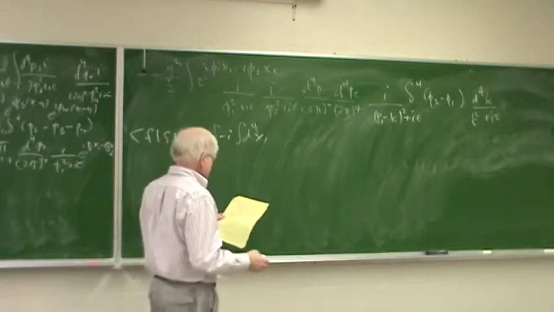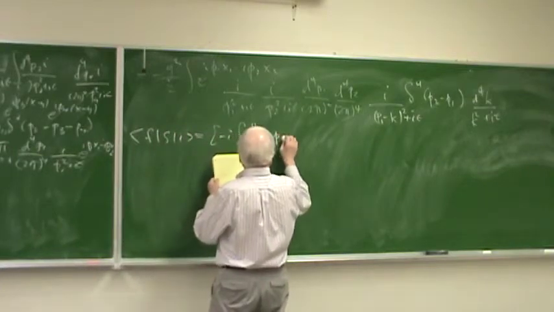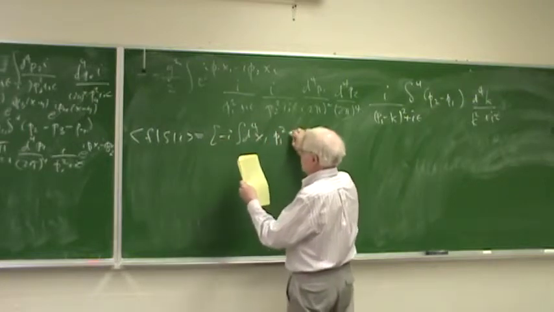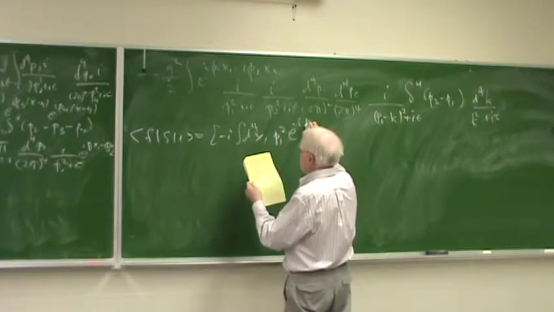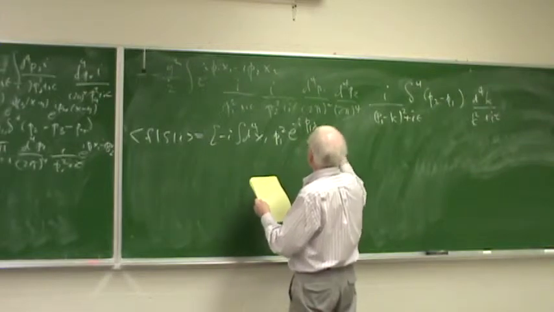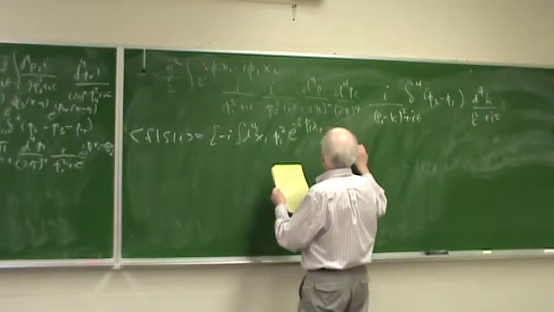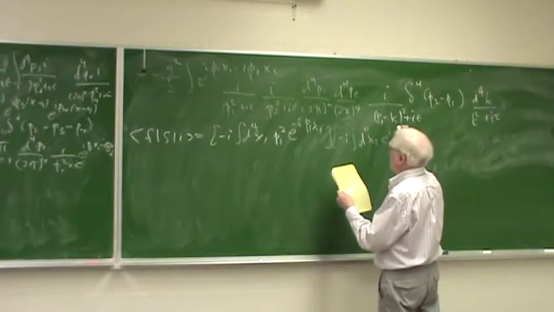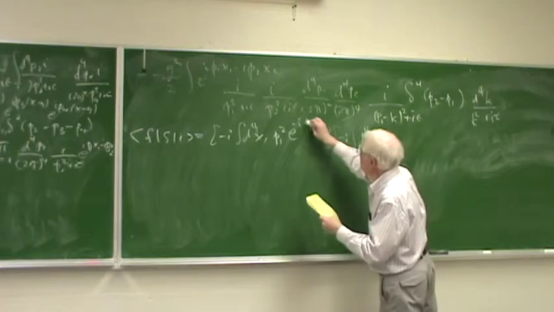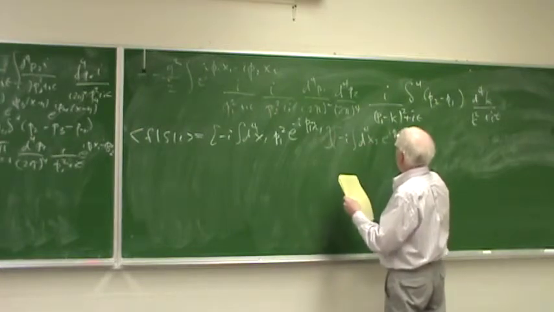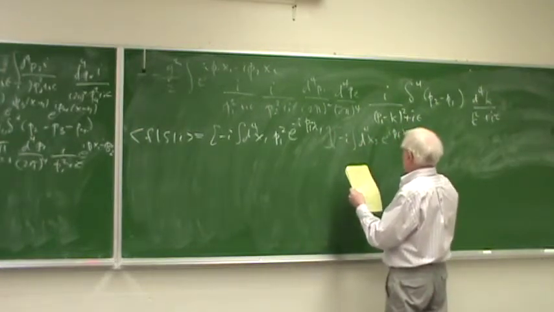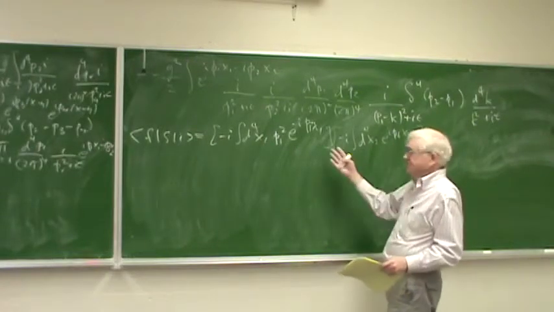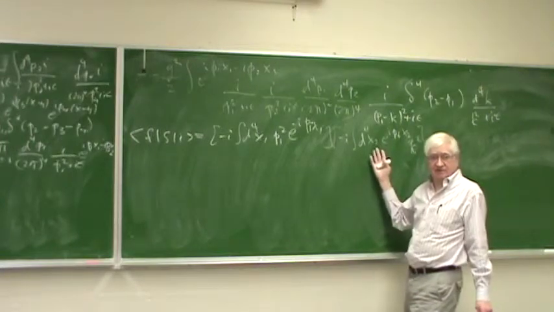We're going to integrate by parts, and that'll just pull down a p1 squared with a minus sign, e to the minus i p1 x1, minus i d⁴x2, e to the i p final x2, p final squared. So this is the LSZ formula. Okay?